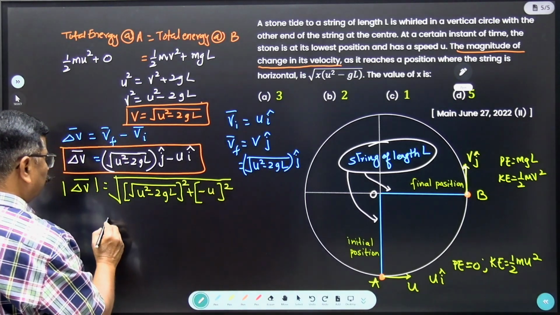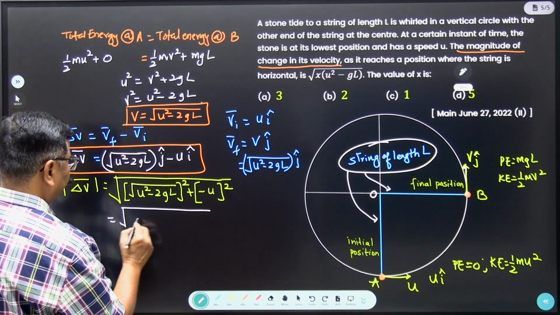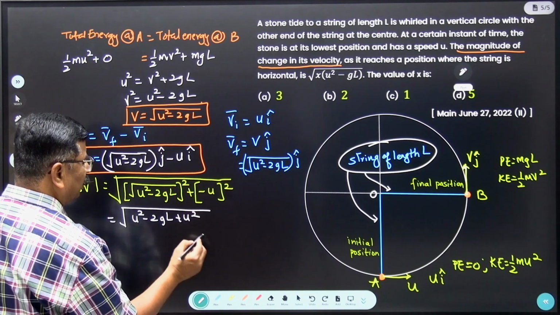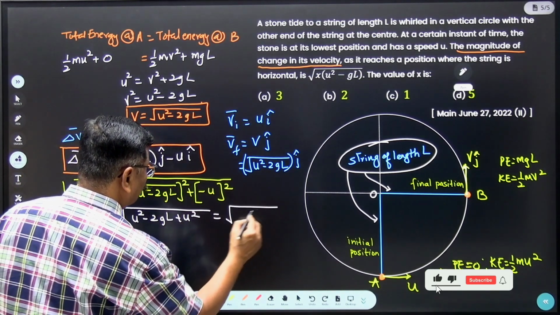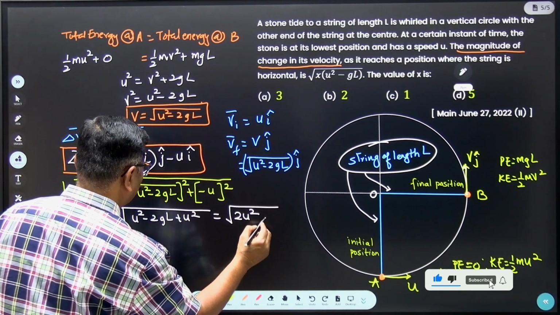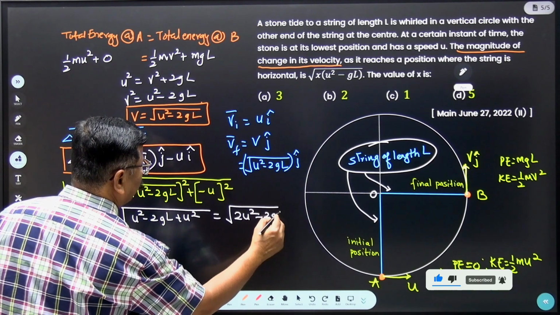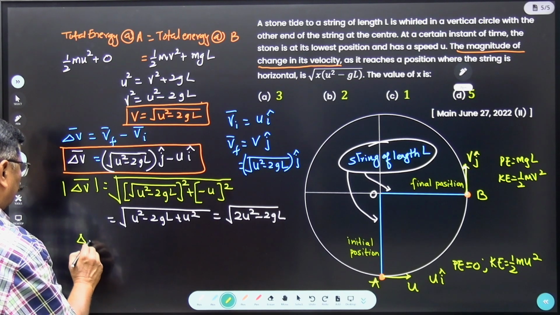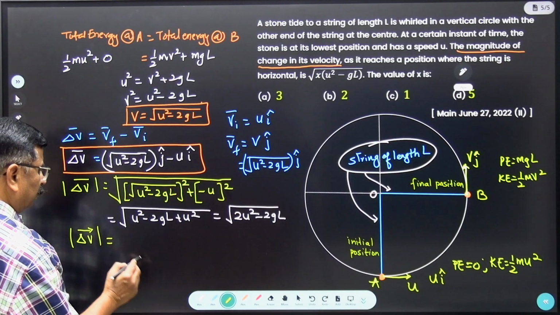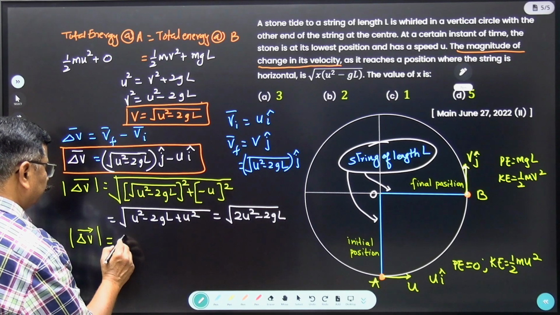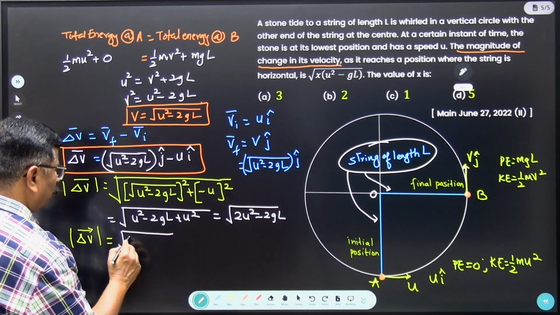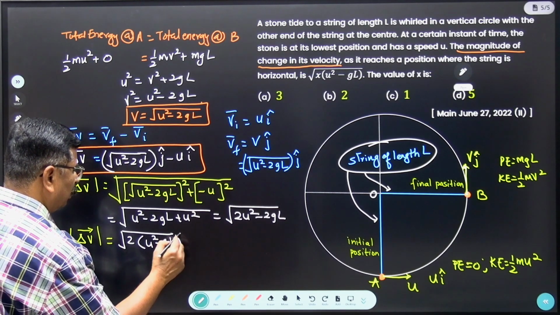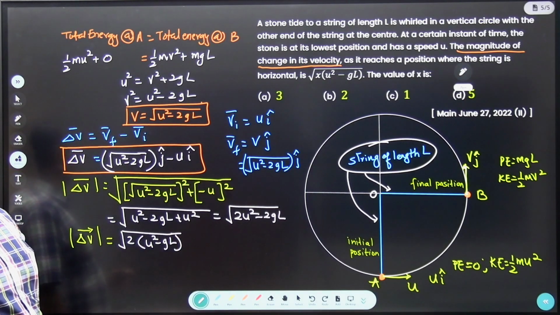So this will be under root u square minus 2gl plus u square. So this will be under root 2u square minus 2gl. So I will take the change in velocity vector magnitude as under root 2 into u square minus gl.